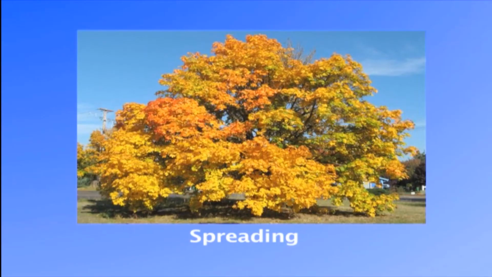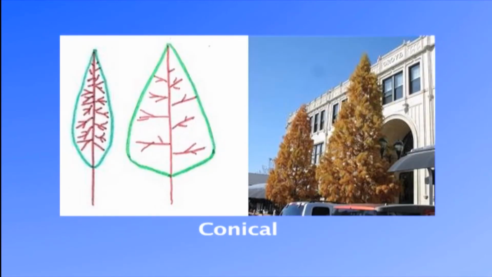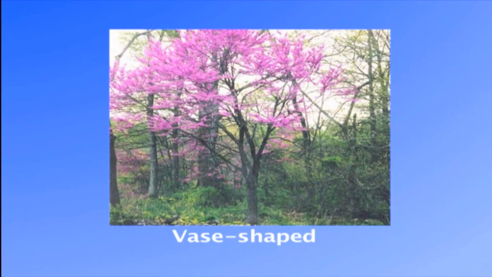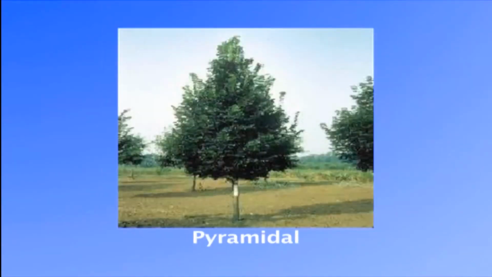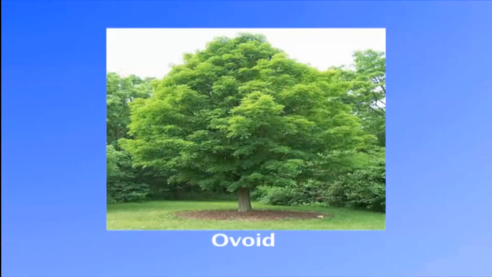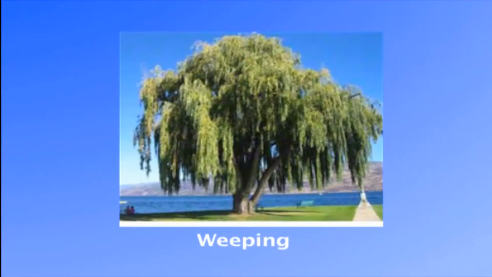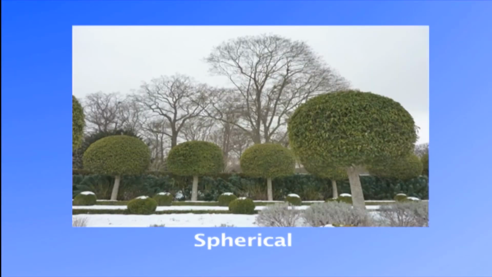The most commonly encountered shapes of trees are spreading, conical, vase-shaped, upright, rounded, pyramidal, ovoid, weeping, irregular, spherical, etc.